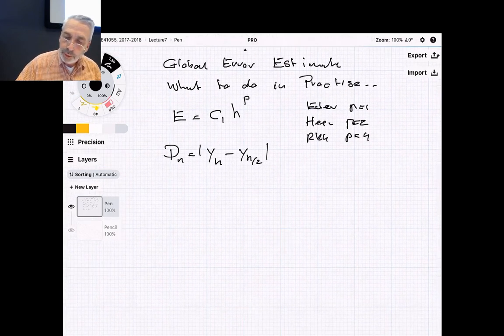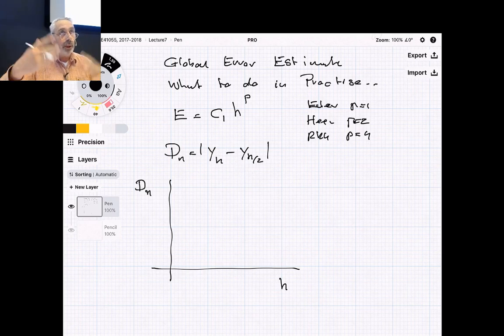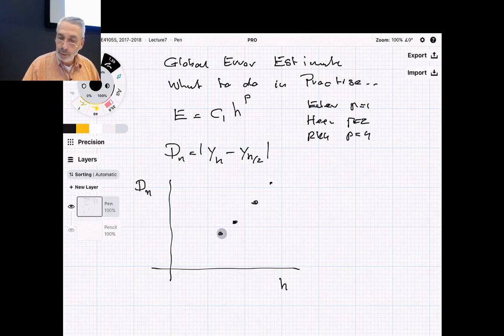If you then plot that in a graph, so this is the step size, and here is this difference between these two successive step sizes we use, then you see that while you are making the step size smaller, things are getting good. Like, oh yeah, I want a sort of a minimal error actually, and then suddenly this happens.